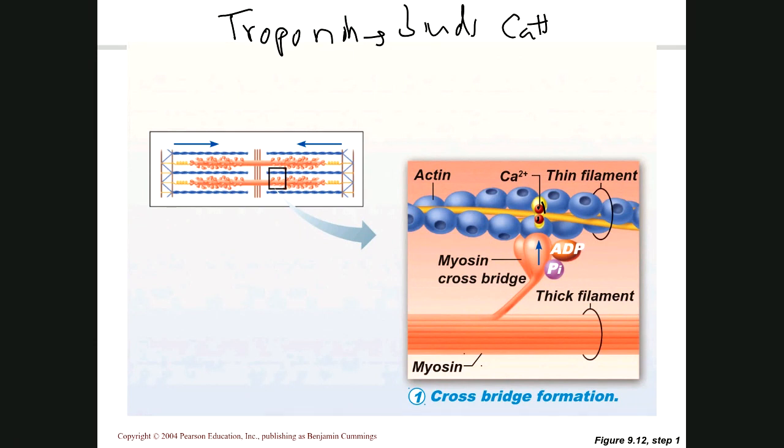When that happens, troponin moves out of the way, dragging with it tropomyosin. That's the little rope in tan color in the picture. When tropomyosin moves out of the way, now the active sites of actin are available. A myosin head comes along and attaches to the active sites of actin, creating a cross bridge.